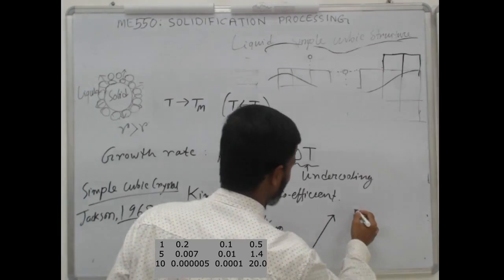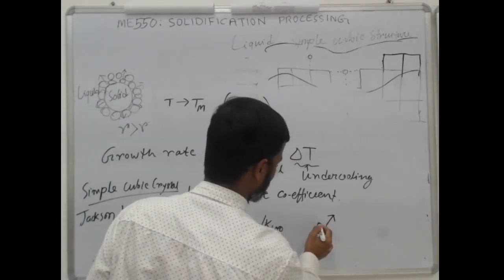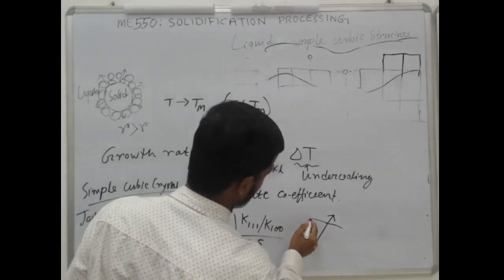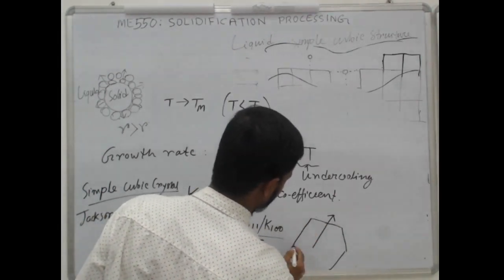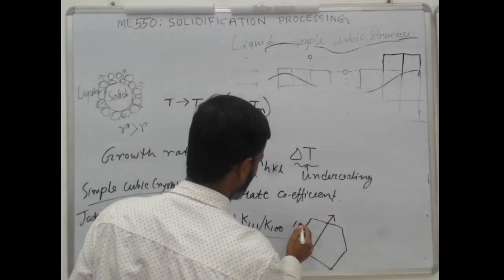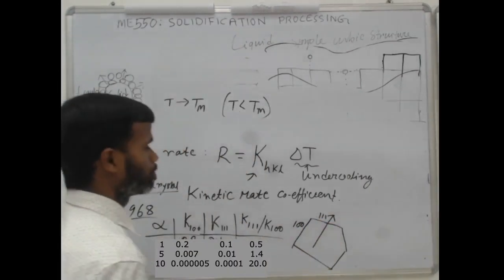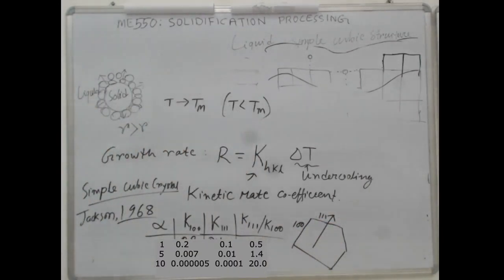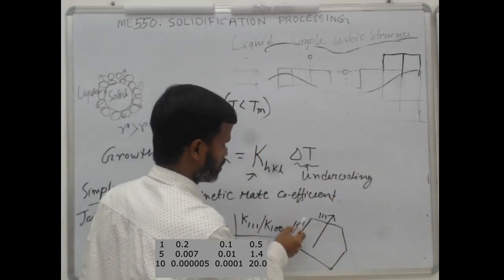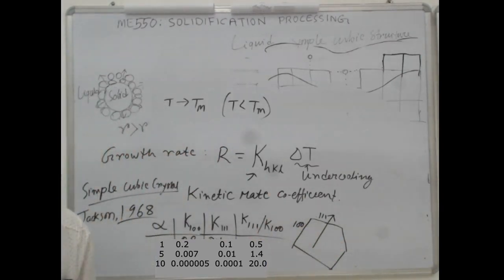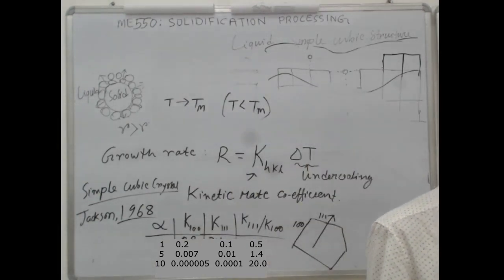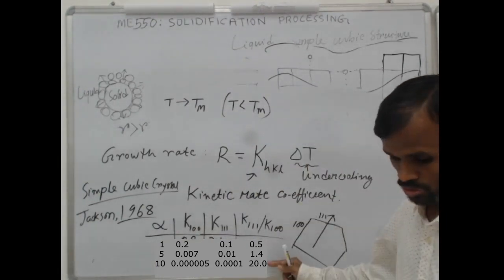So if you have a crystal, say this is the 111 direction, you can have a long crystal in this direction, surrounded by the 100 plane. It will grow preferentially in the 111 direction, and it will be surrounded by the 100 plane. So this is what you need to understand.